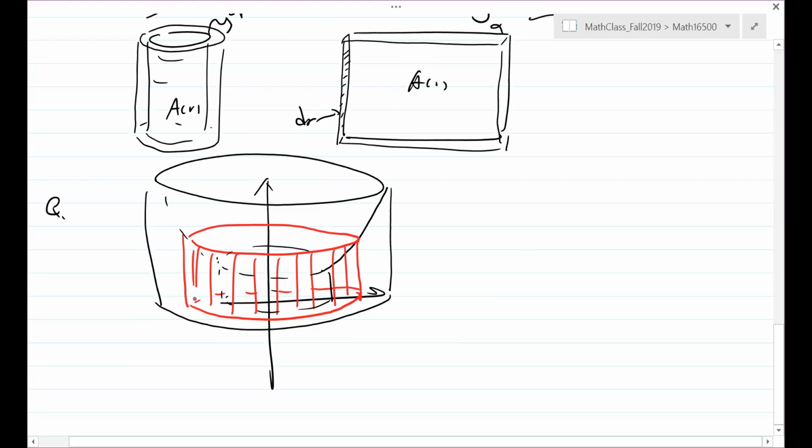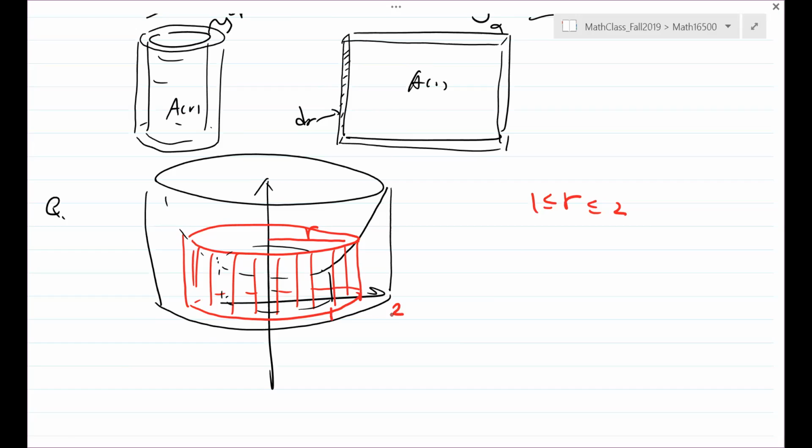Imagine, every time I get a cylinder. So the radius is going to be r. Clearly r is between 1 and 2, because this is 1 and this is 2. For each given r, can I find the area of the cylinder?